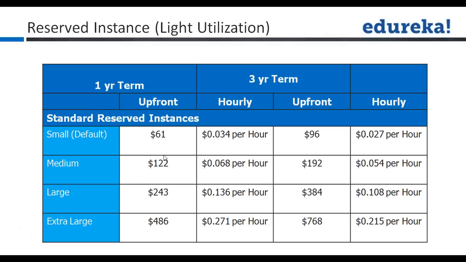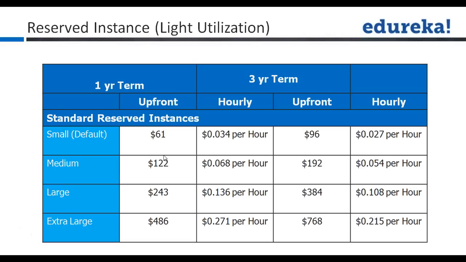So if I am running 2000 hours in a year, my cost for a small instance would be around $129. If I do not purchase a reserved instance, 2000 into 0.06 would be about $120. So if I am running only 2000 hours, reserved instance is a costly affair for me, because on demand it's costing me only $120.